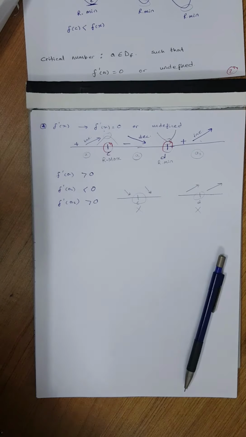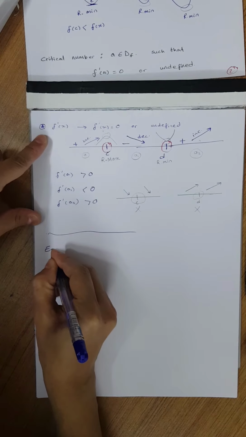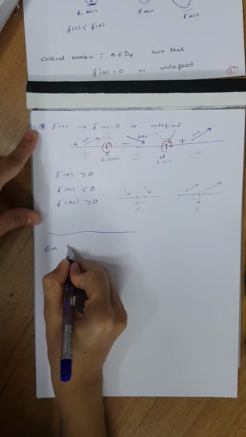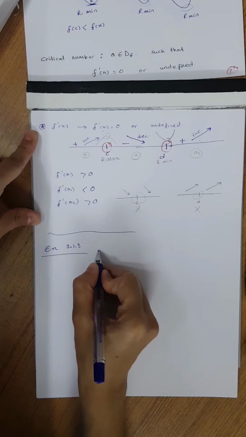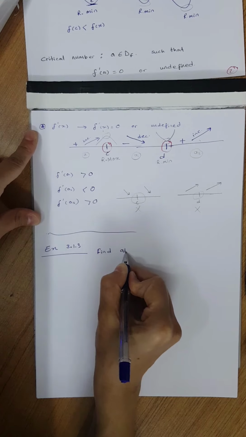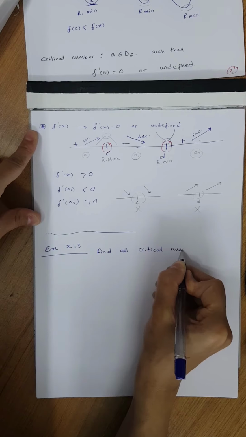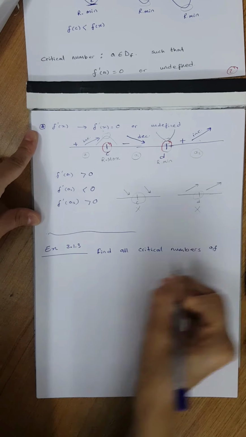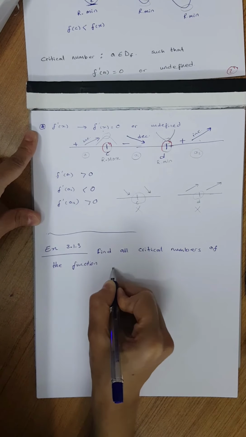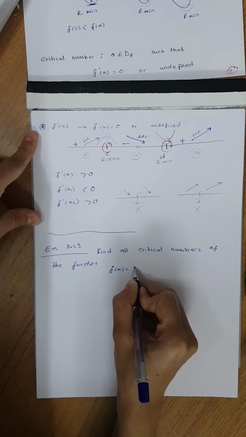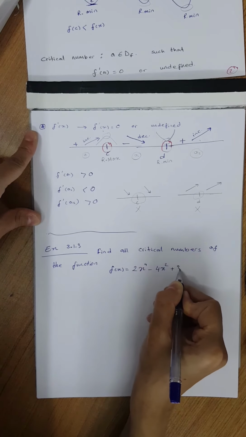Okay, we are doing example 3.1.3. It says find all critical numbers of the function f of x that's equal to 2x to the power of 4 minus 4x squared plus 3.